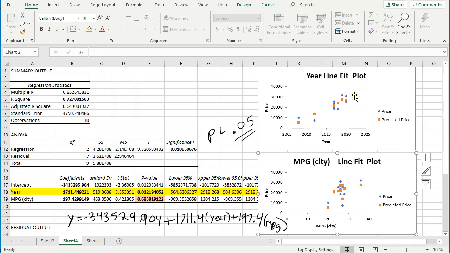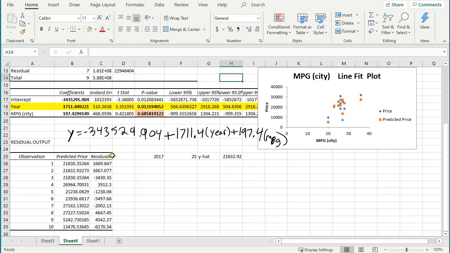And since you're not seeing that nice linear shape in this scatter plot, that's an indicator that miles per gallon is not doing a great job of predicting price. They're not linearly related to each other. All right? Okay. And once again, we still have our predicted values and the residuals given to us in this last chart here for each observation that we had.